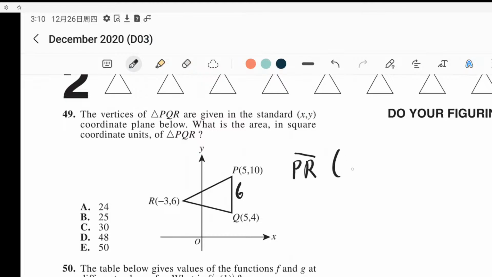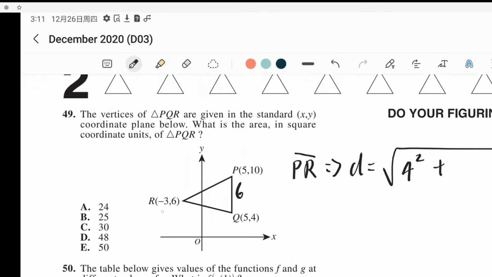So we're gonna plug in the points for solving for PR. We will have distance. Oh, this is a little big. D equals square root of y2 minus y1. So 10 minus 6, 4 squared, plus x2 minus x1.